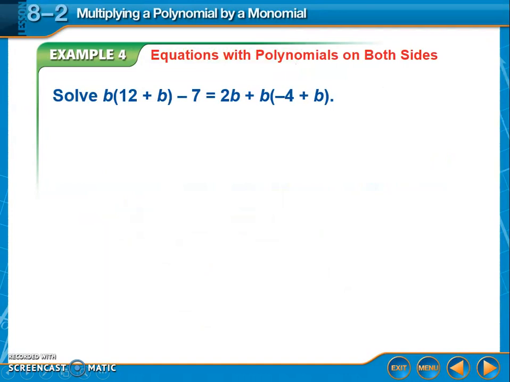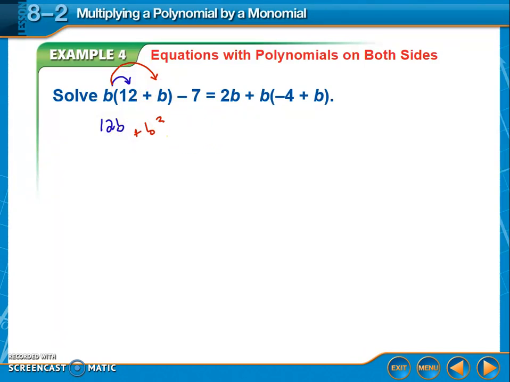Okay, if I have equations, I want to be able to get everything onto one side with polynomials on both sides, and we're going to solve. Anyway, so starting out first, we're going to distribute. So we get 12b, and then we do b times b, which is b squared, and we add it because this was addition.